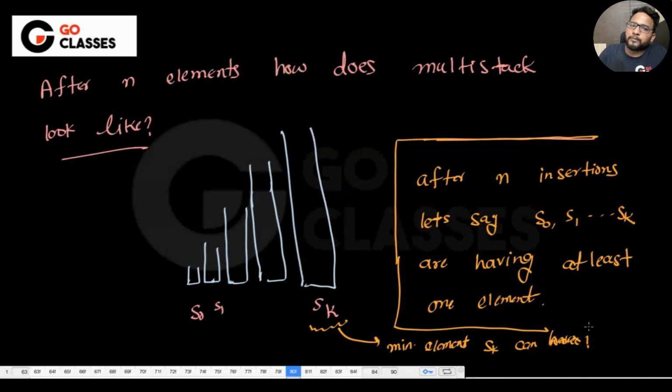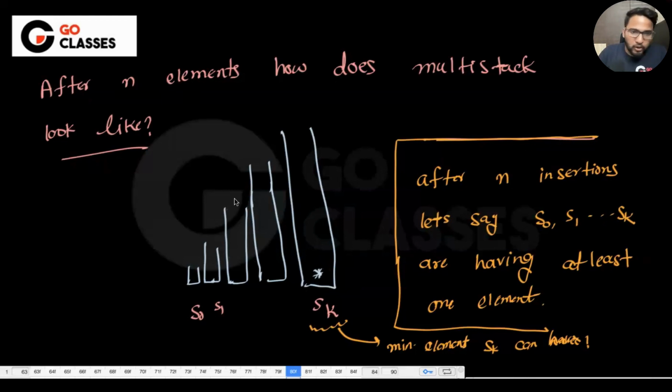So Rishesh is saying 3 power k minus 1 or something. I'm asking minimum. Just tell me the minimum elements that any stack Si can have. Maximum could be full, obviously, but tell me the minimum elements. Can it have just one element? This Sk, can it have just one element?